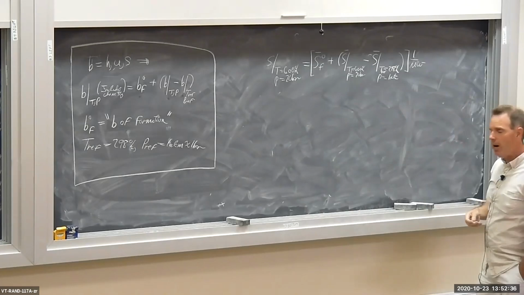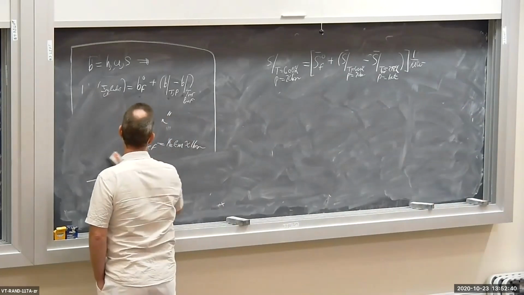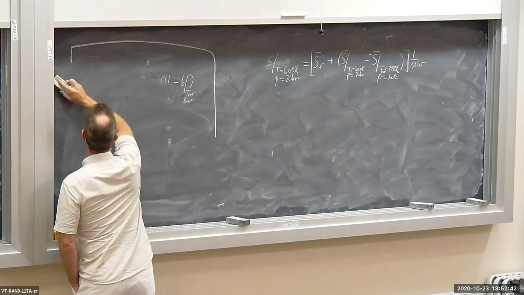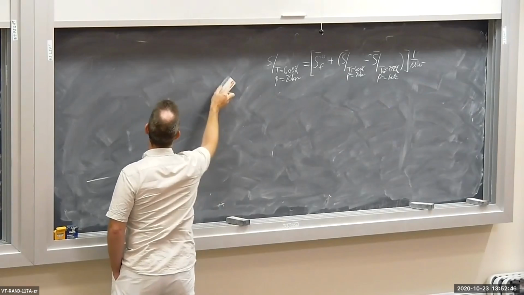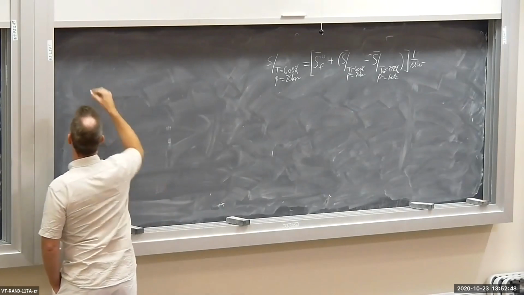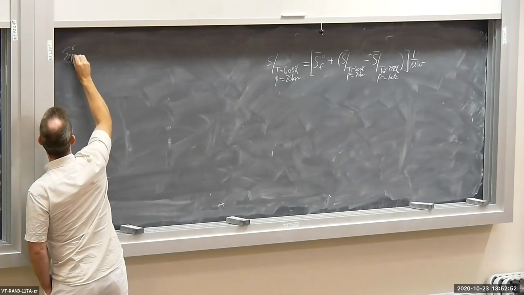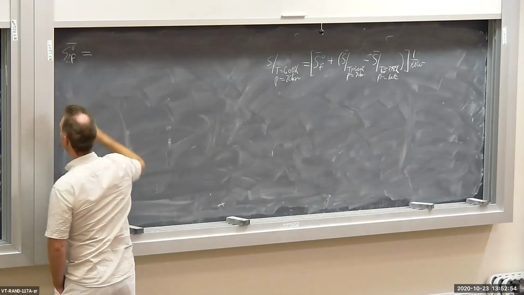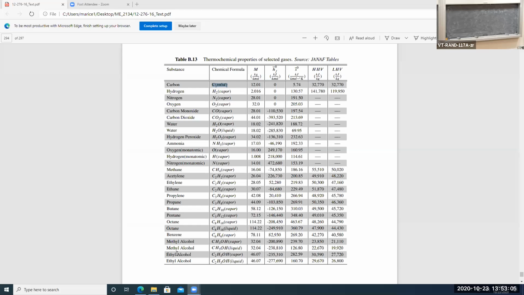So let's see if we can find some of this stuff here. Let's look at S naught sub F bar. Let's see if we can do that for H2O. Let's find it. Okay, so table B13.